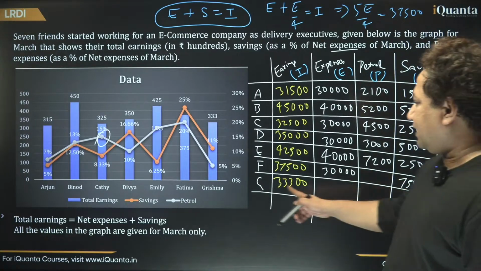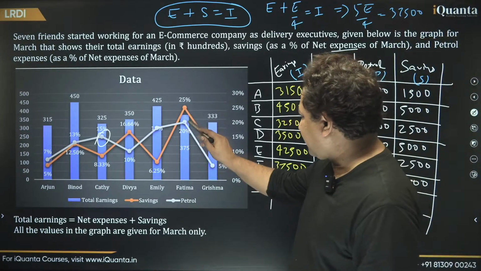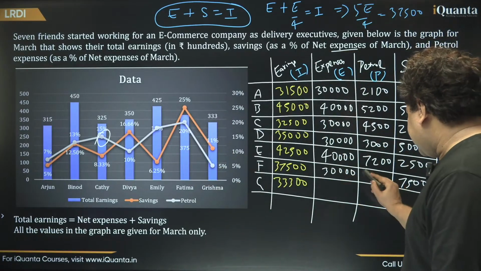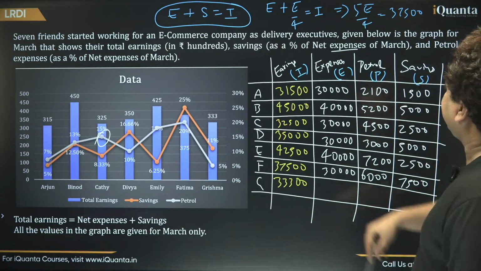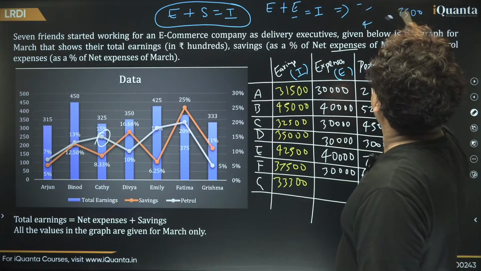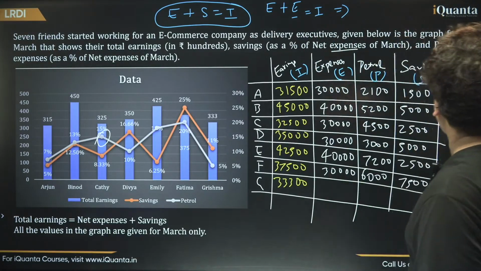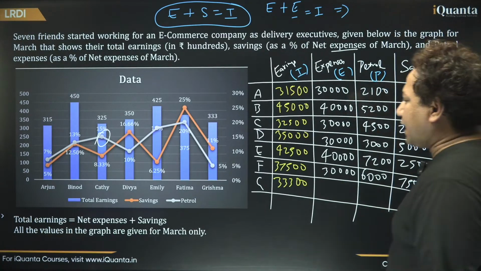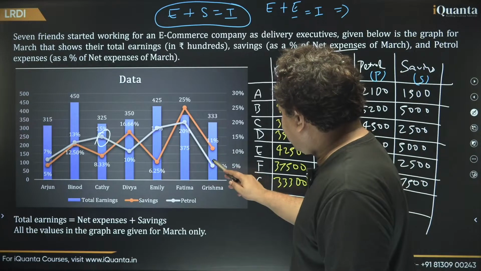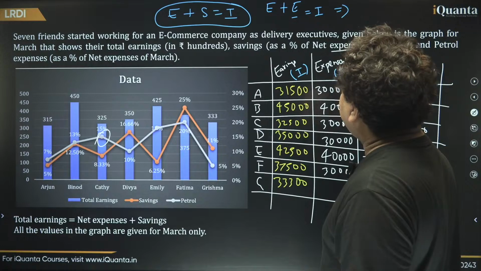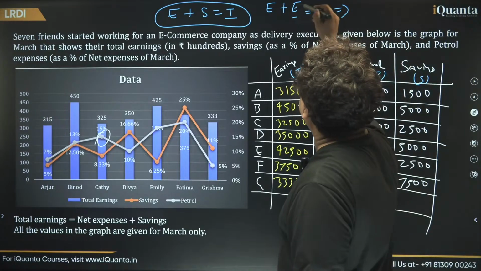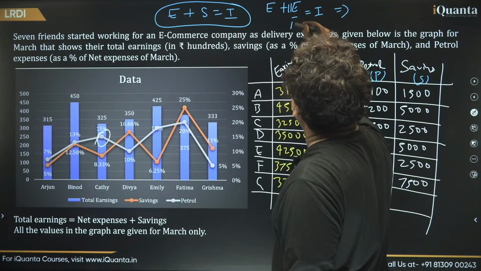Okay, now petrol for Fatima is 20%. 20% of 30,000 is 6,000. Am I doing it fast? I hope all of you are understanding it, right? Now let's do this one. Last one, Grishna, 11% is saving. So 11 by 100, you can do nothing here. It's a prime number. E plus 11E by 100.